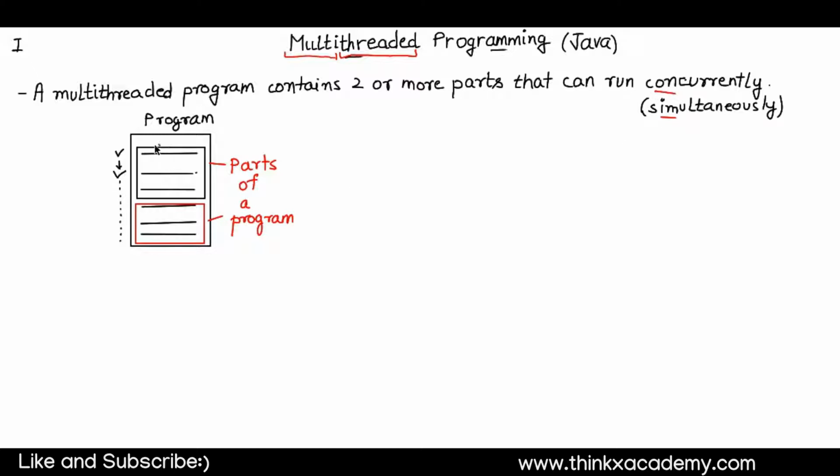This means that the 3 lines of this part and the 3 lines of this part can run simultaneously. What does this mean? This means that if the first line of this part is executing, then the first line of the other part can also execute at the same time.